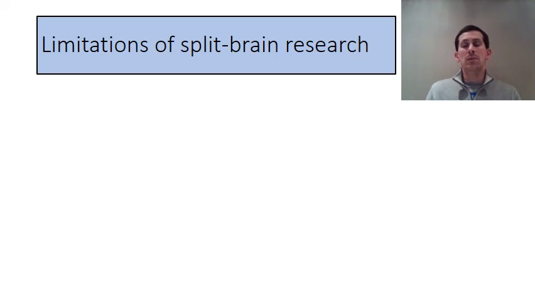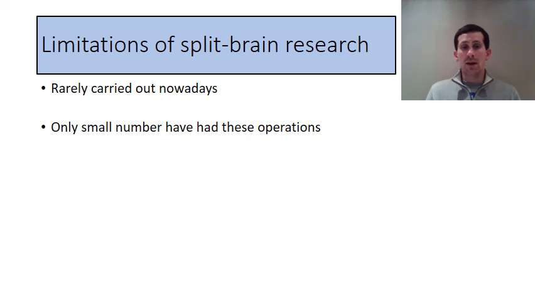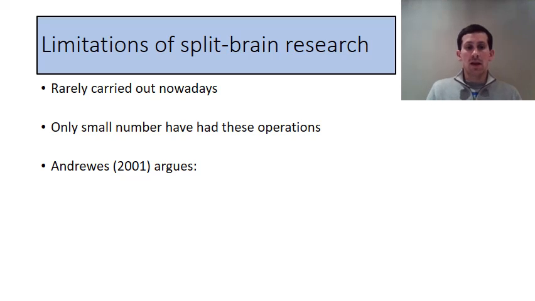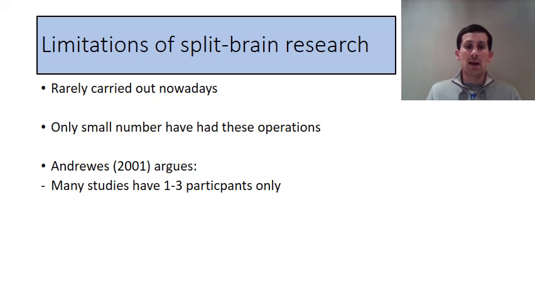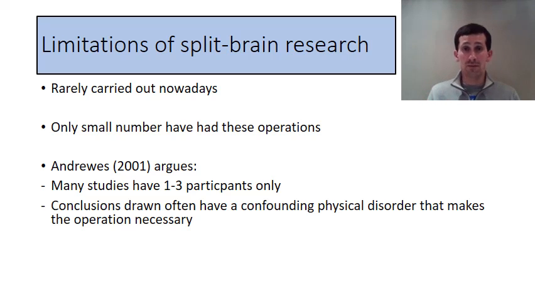Finally, we're going to look at a few limitations of split brain research. It's very rarely carried out nowadays, and only a small number of people actually had this quite severe operation. Certain psychologists have argued that many of the studies conducted only have 1 or 3 participants involved in them.